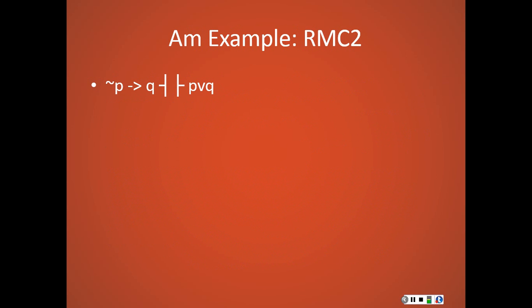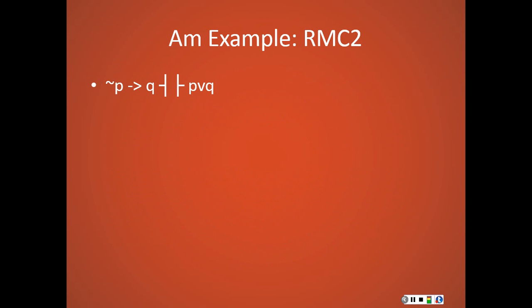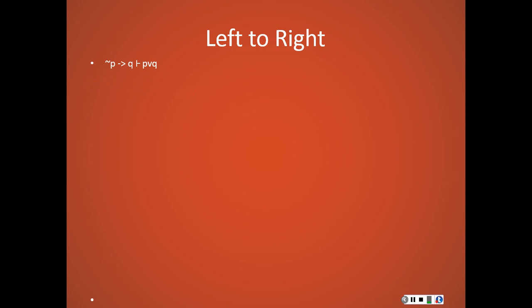So here's an example. I want to prove this other double sequent, RMC2. And again, since it's a double turnstile sequent, I need to try to prove it in both directions. So let's work on the left to right direction.